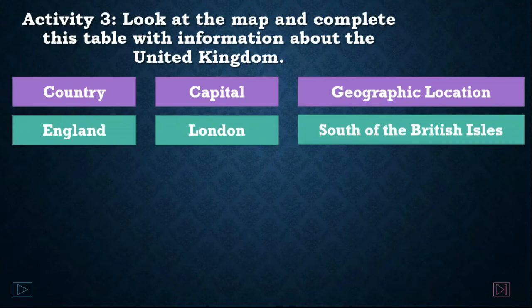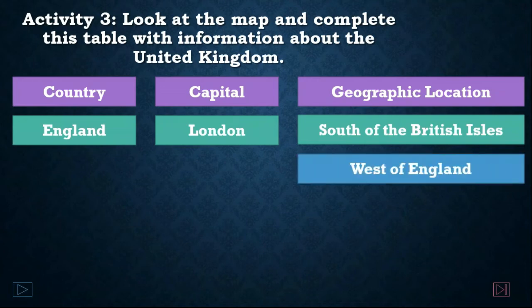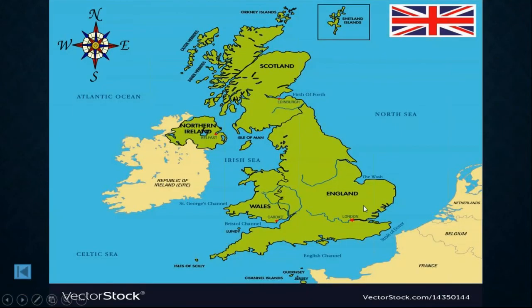So we said that the 5 countries, Scotland, England, Wales, Northern Ireland, and Ireland, are all called the British Isles. The second one, it says it's in the west of England. Who wants to answer? What is in the west of England? Look at the map. So this is England, right? And these are the directions.